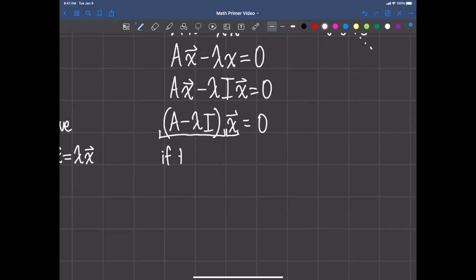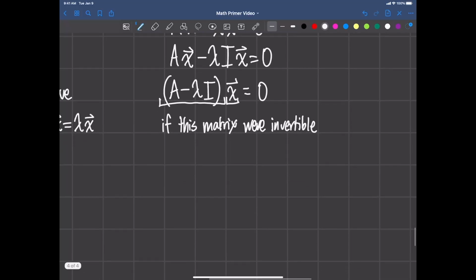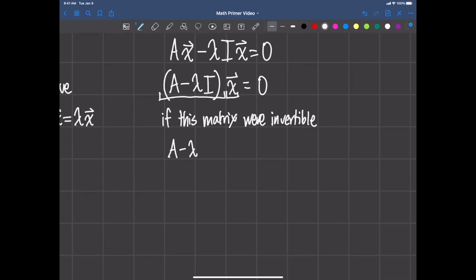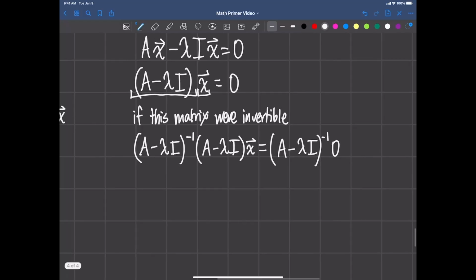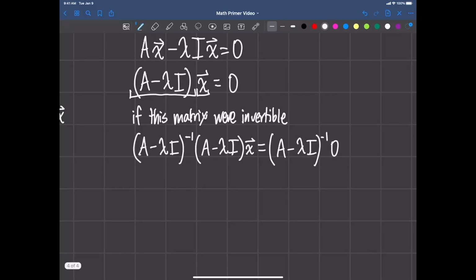Now, if this matrix were invertible, meaning the inverse of this matrix, denoted -1, were multiplied on both sides, basically what the inverse matrix does is it cancels out the multiplication of the matrix.